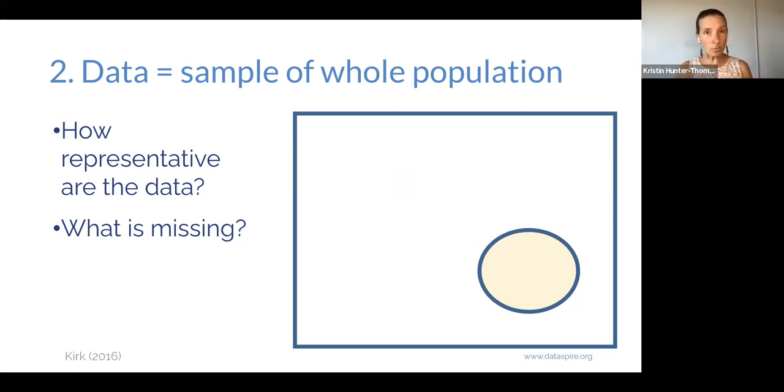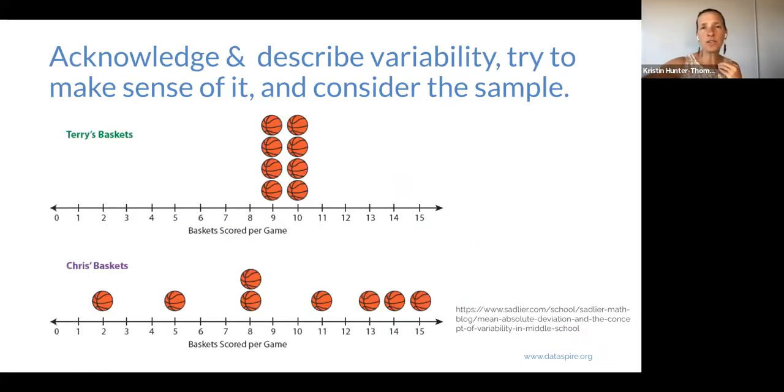And along with that, in terms of how representative is what is in the sample and what is missing from the sample. Or if we're working with people, who is missing from the sample, things like that. And so because we know that there's always variability, we need to use that to make sense of it, and we need to consider the parts of the sample.